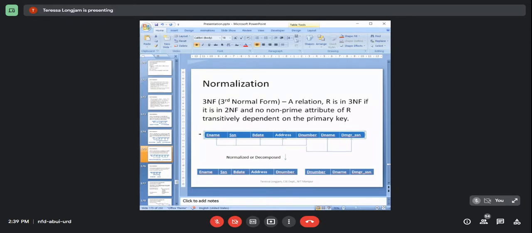Okay. Now, in order to bring it into third normal form, we will decompose it again using the functional dependency. Same thing: whatever attribute is transitively depending on the primary key, we will remove, along with the attribute on which they are depending.